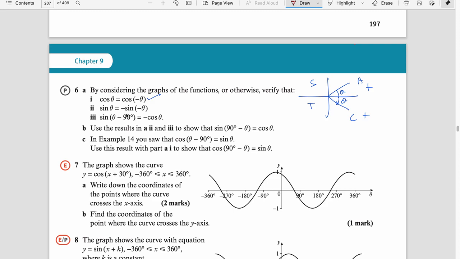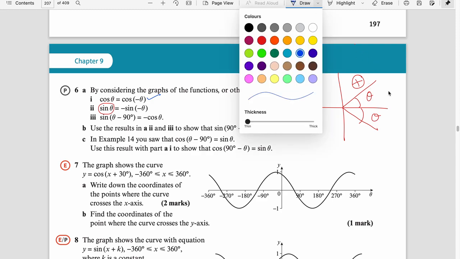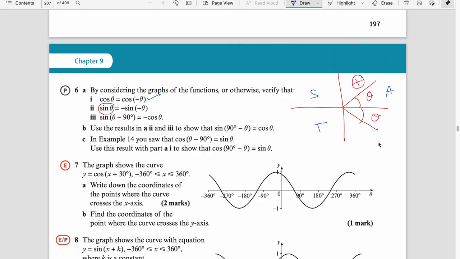Now look at the second thing, sine of theta and sine of negative theta. First we need to sketch the angles. If we draw this Cartesian plane, this is theta, then negative theta should lie in this space. First thing first, sine theta, first quadrant, positive. We know that the basic angles are the same, the value is positive for the first one. For the second one, add sugar to coffee.